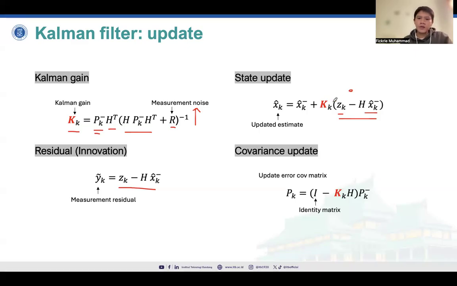So our updated estimates will be the same as our previous estimations. But if our observations have residuals, then we have to put the Kalman gain update onto our initial estimations, and later on we'll have the updated estimates.